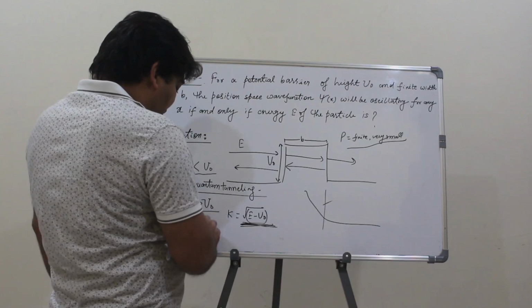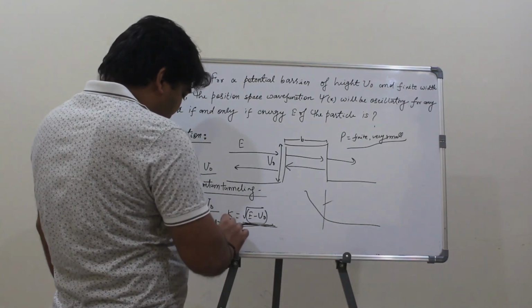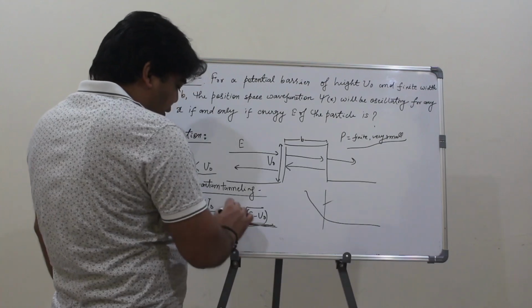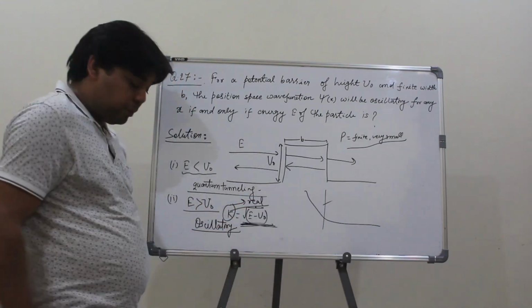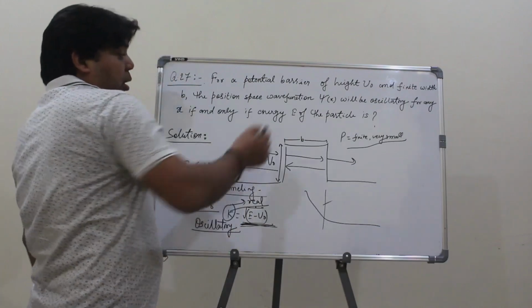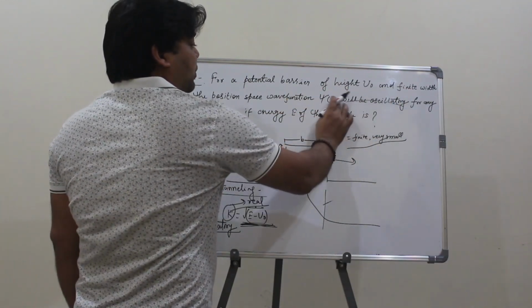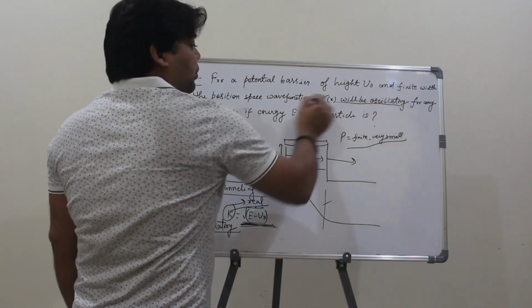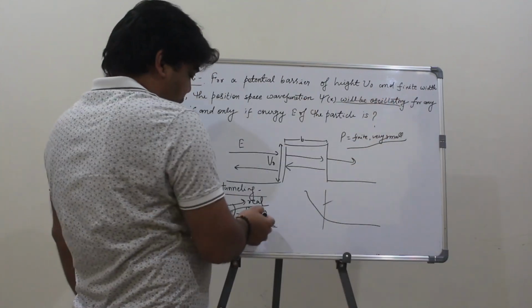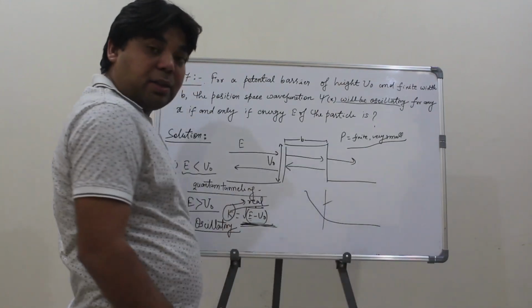Now in that case the solution will be oscillatory because K is real, right? So when the solution is oscillatory, what happens to the energy and barrier height relation?